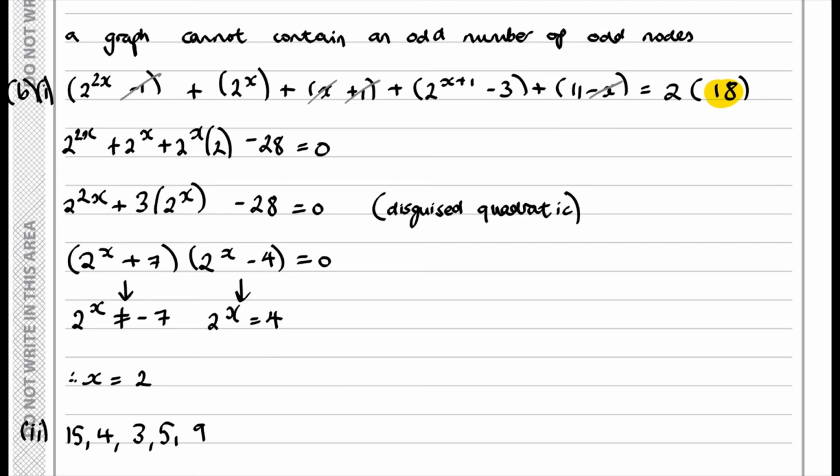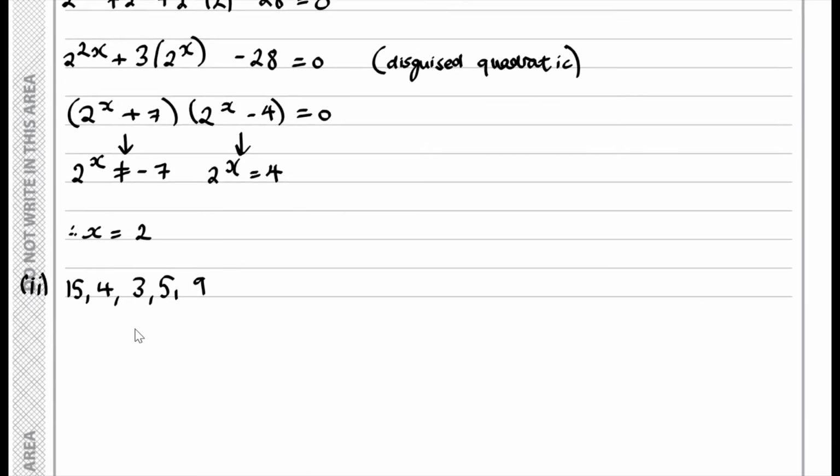And then what you'd see over here is that there are more than 2 odd nodes. Let's just write this down. There's more than 2 odd nodes.